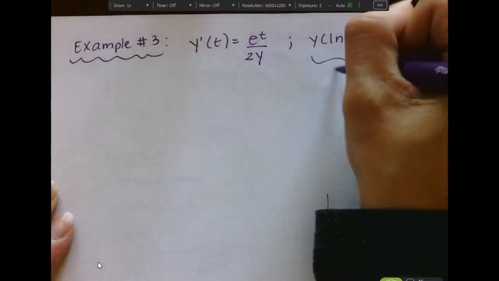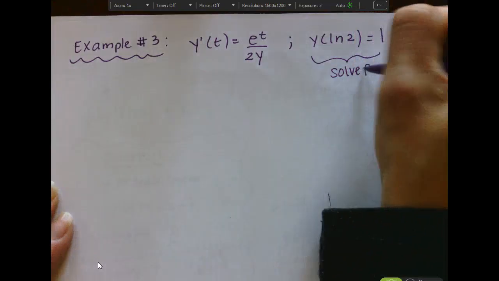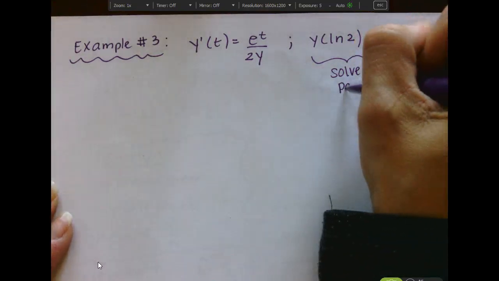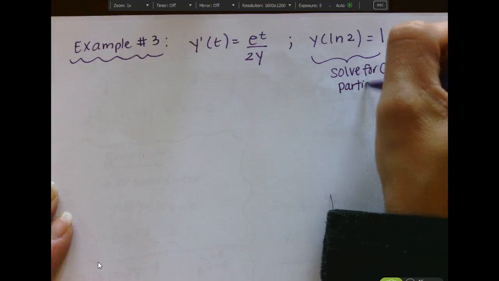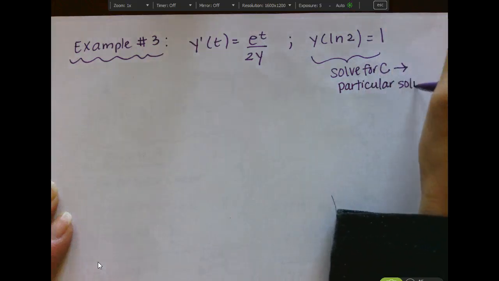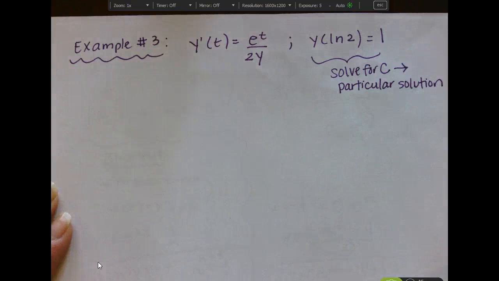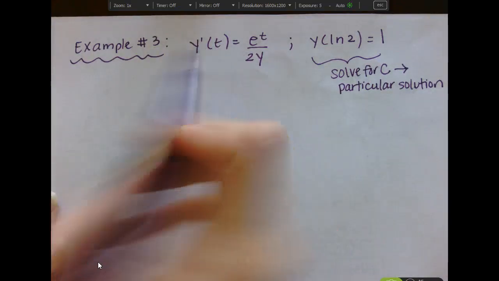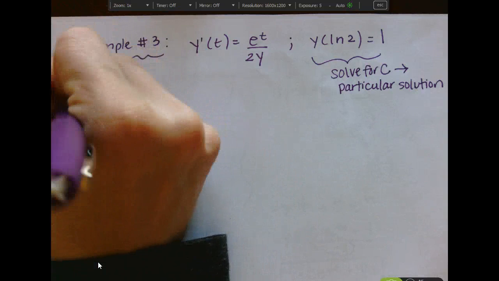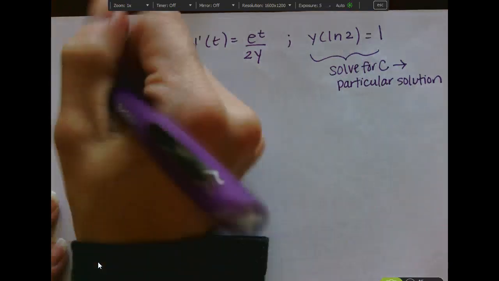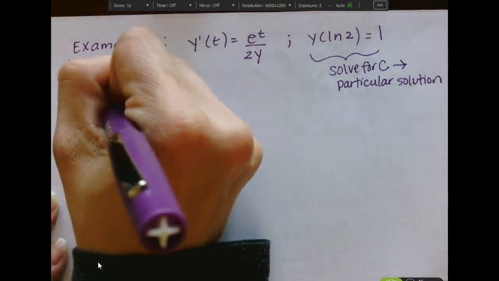And this means that I should be solving for c in the end so that I don't give a general solution, but I'm giving a particular solution. First things first, I don't like the y prime notation. I'm going to go dy dt. Finish writing the rest of the problem.